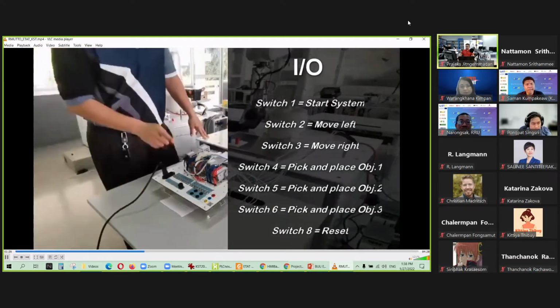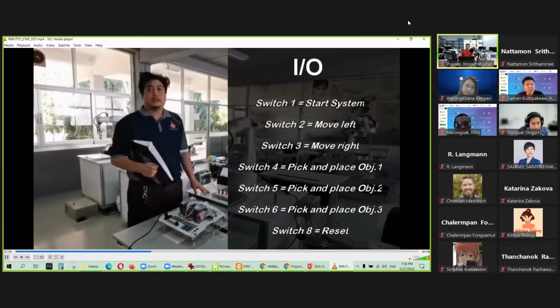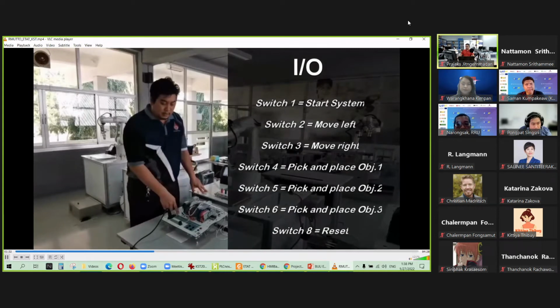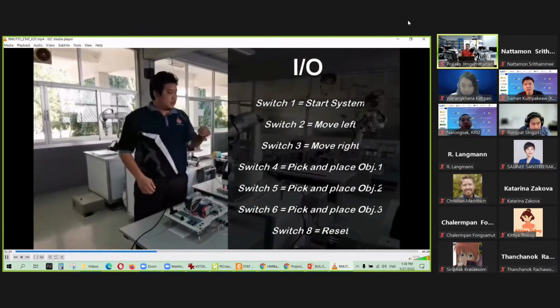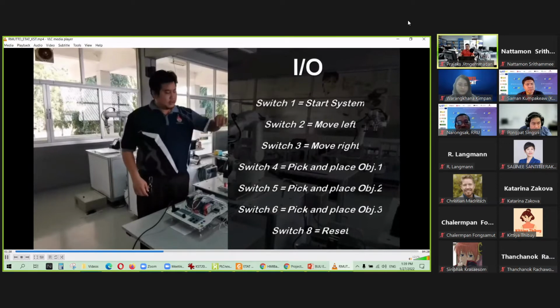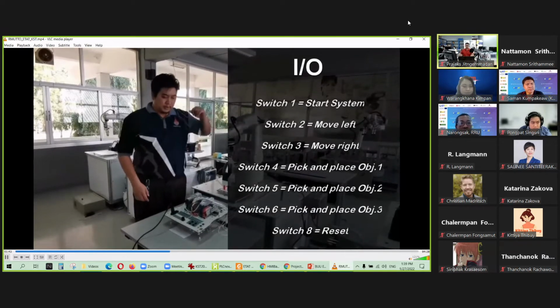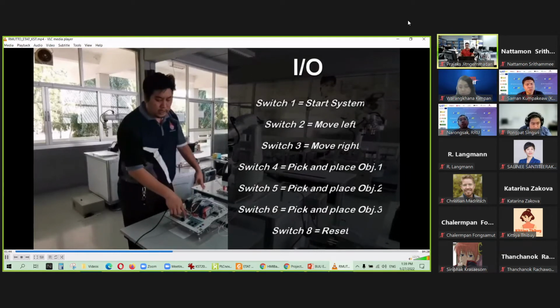Yes, switch 1 is used for start and switch 8 is used for reset. Switch 2 commands the robot to move left and come to the origin position repeatedly until we press switch 8.